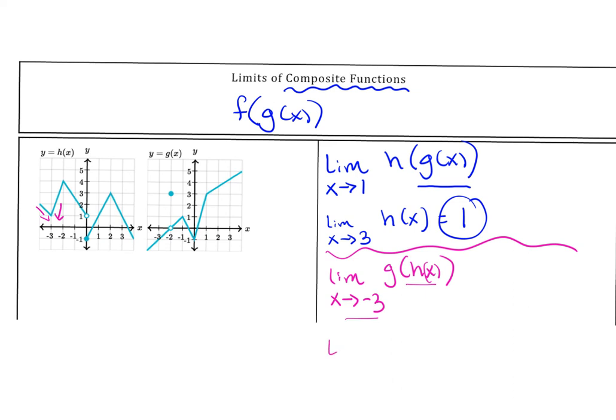Then this turns into the limit as x approaches 1 of g of x. So now this goes back to 3. So there is your lesson on some properties of limits and composite functions. Good luck with the lesson.